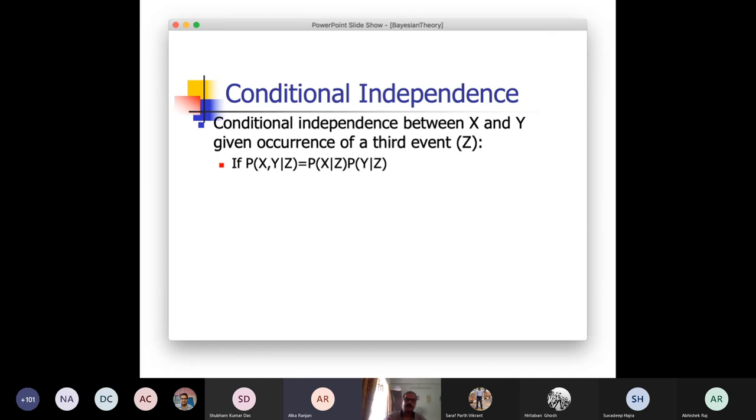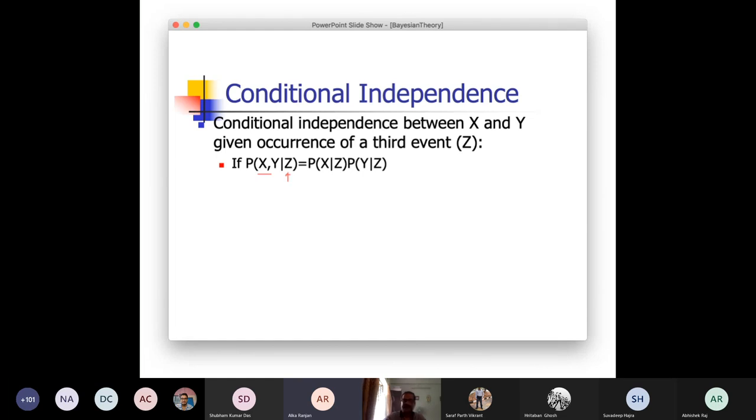So one of the ways you can theoretically write this relationship of conditional independence: here we are considering two random variables x and y, and there is a third random variable z. And we're expressing the conditional probability of joint occurrence of x and y given z.